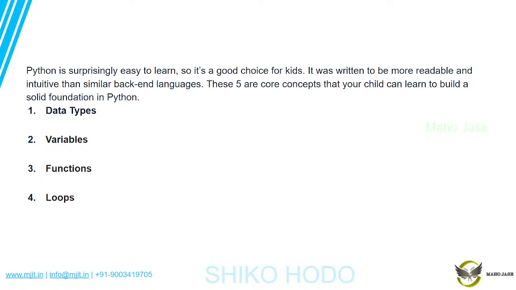If you learn the data types, variables, functions, and loops, that is enough to say you have learned the Python programming language. And the last one is modules. If you learn modules also, you would be a better Python programmer.